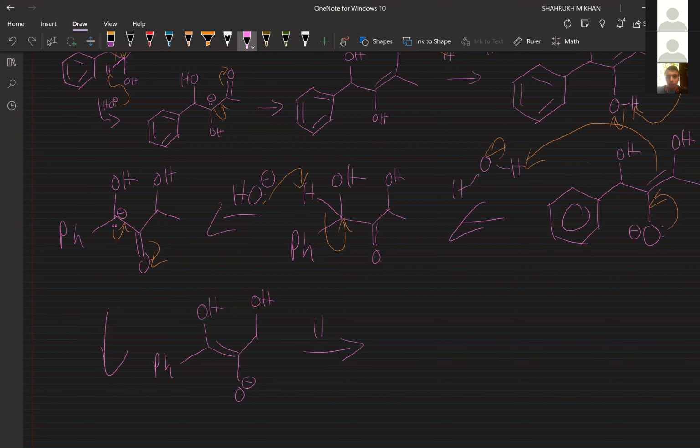This gets protonated with water. And like I said before, now our enol is on this side. Now we have another enol, and now we're just going to tautomerize this group, and then you get your final thing.